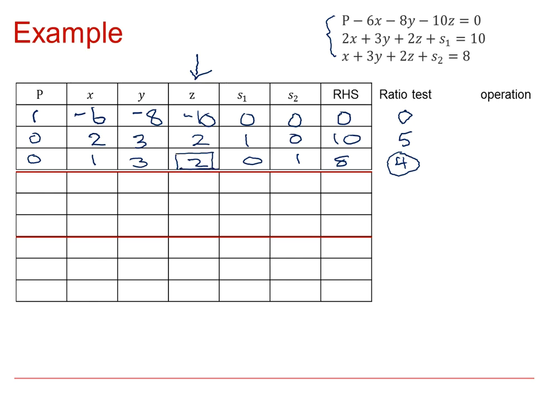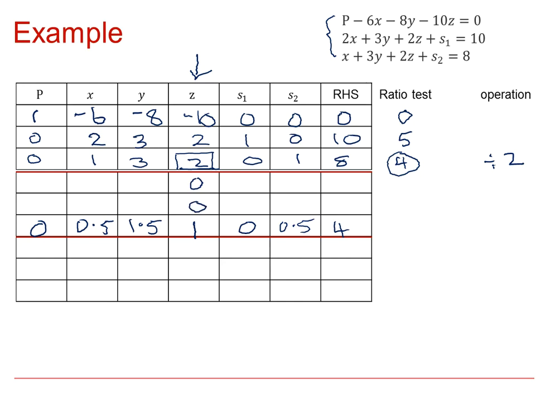I know that I want that to be a 1, and therefore I would divide through that row by 2, giving me 0, 0.5, 1.5, the 1, the 0, 0.5 and a 4. I then want to carry out operations that will mean that this z column becomes 0, 0, 1.